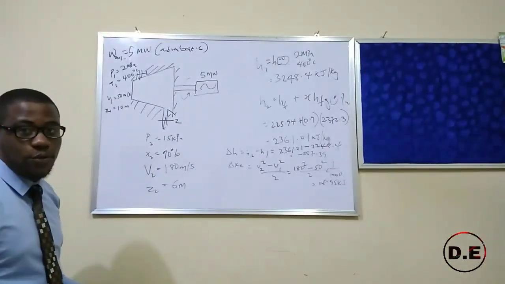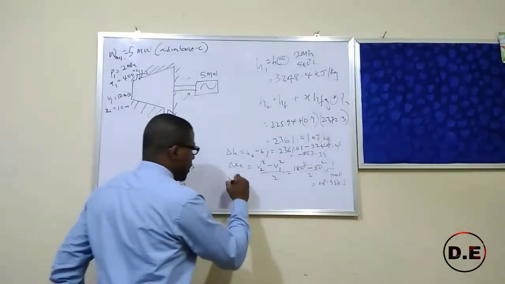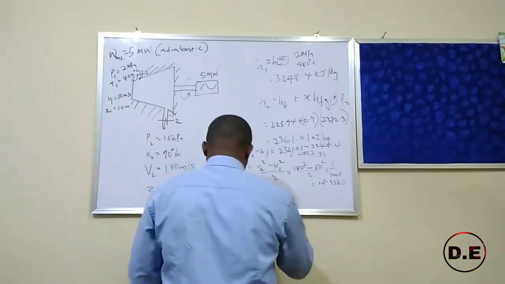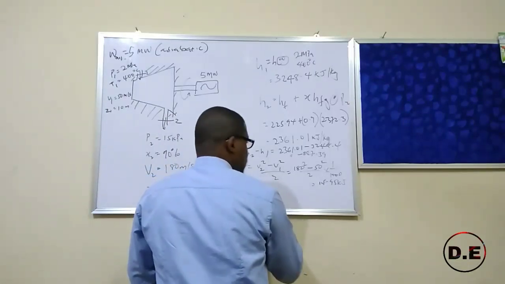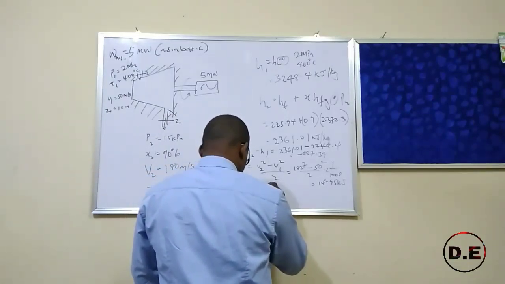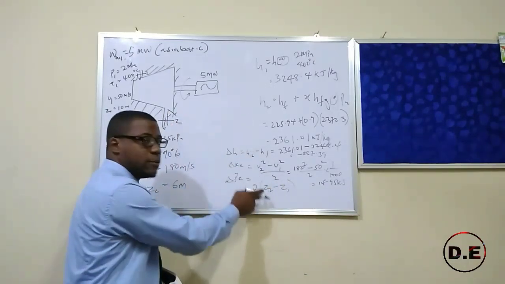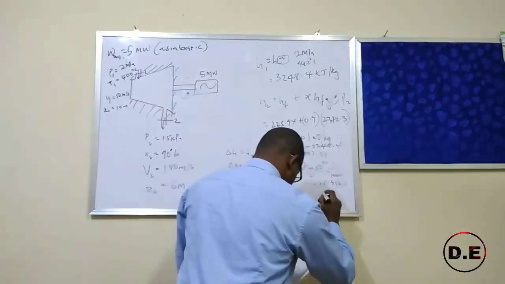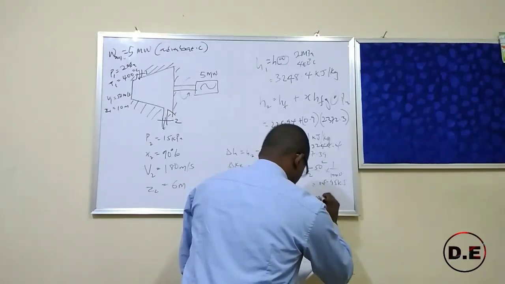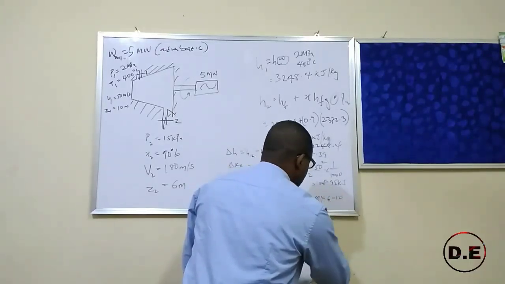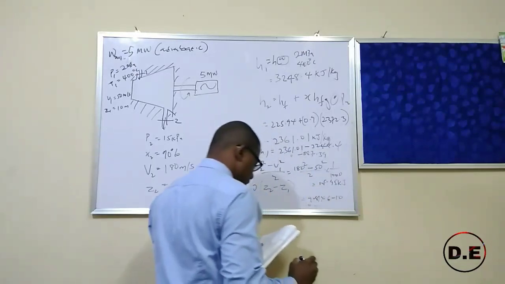I can do the same for potential energy. We have delta PE equal to g, the acceleration due to gravity, times Z2 minus Z1. Again, I'm following that same convention, and that's going to give me 9.81 times 6 minus 10, which is a negative value.